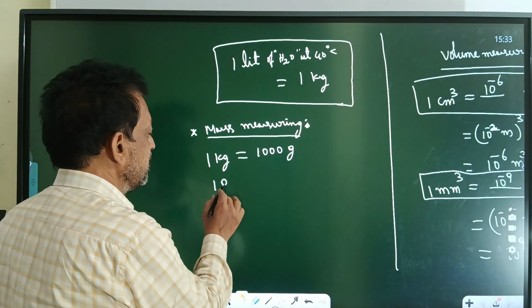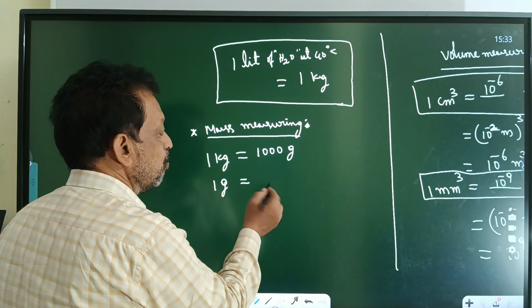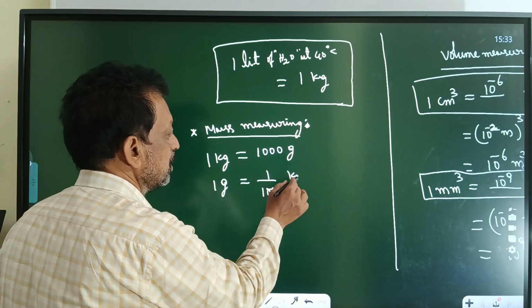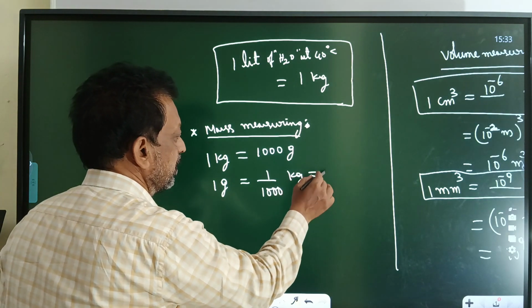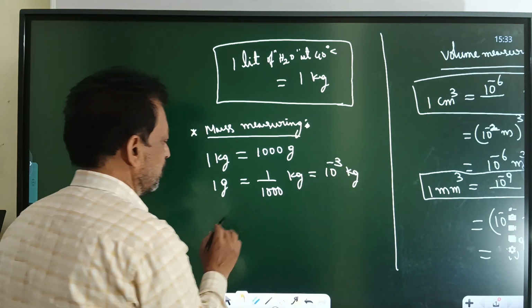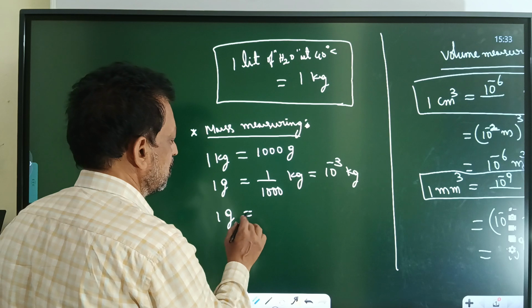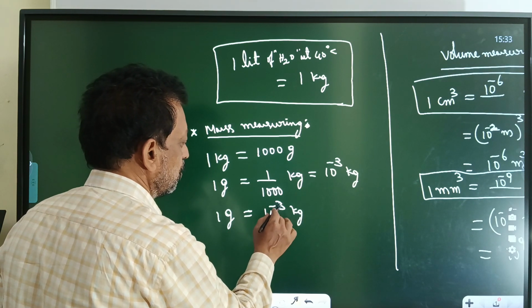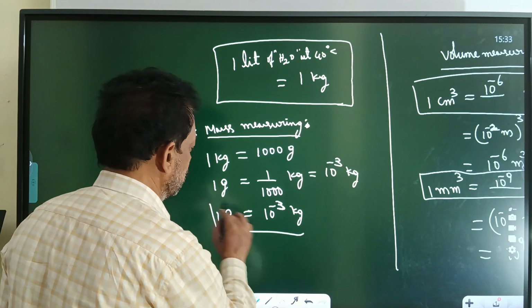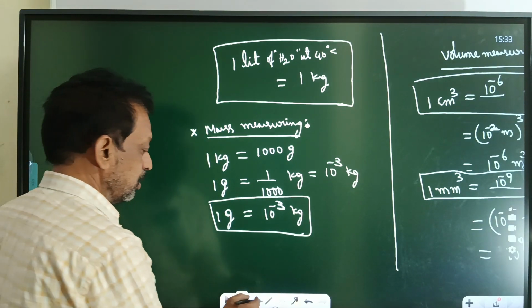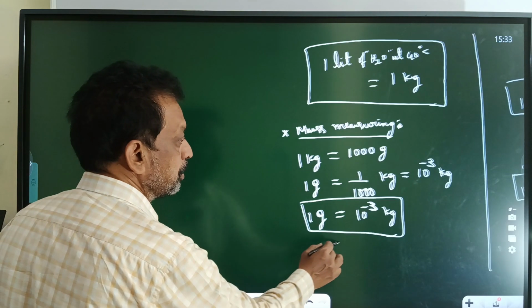So 1 gram is equal to 1 by 1000 kg. So that is nothing but 10 to the power of minus 3. Power notation is the best for calculating purposes. You can write 0.001 also. This is the mass measuring.